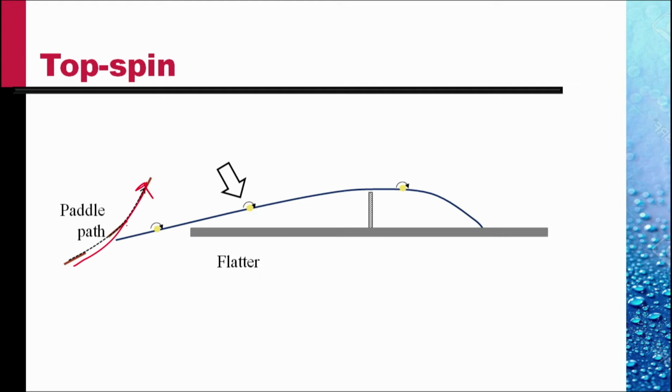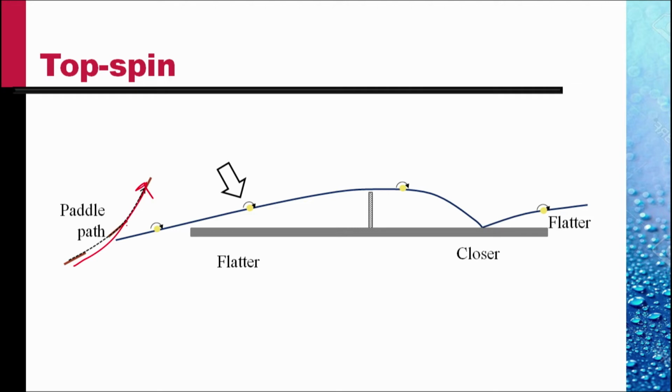So you have to be careful so that it clears the net at the center. And then the force continues to be downwards, and therefore the ball lands on the table closer to the net than it would if there was no topspin.